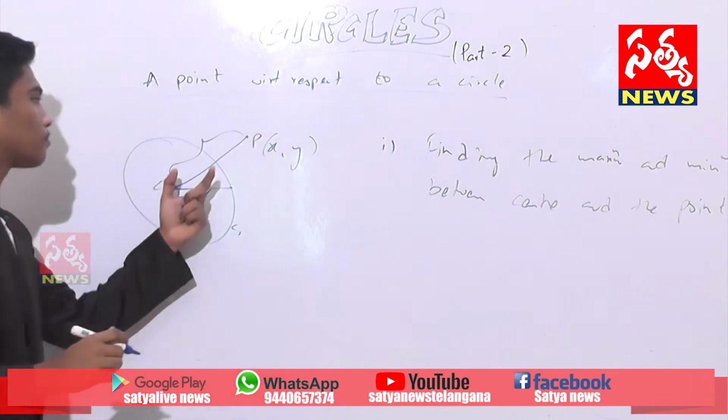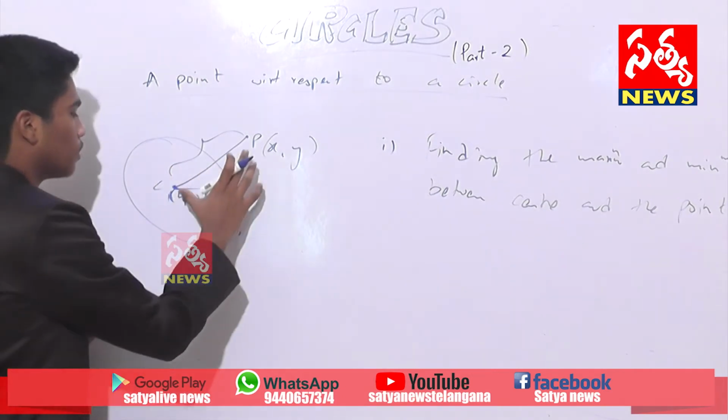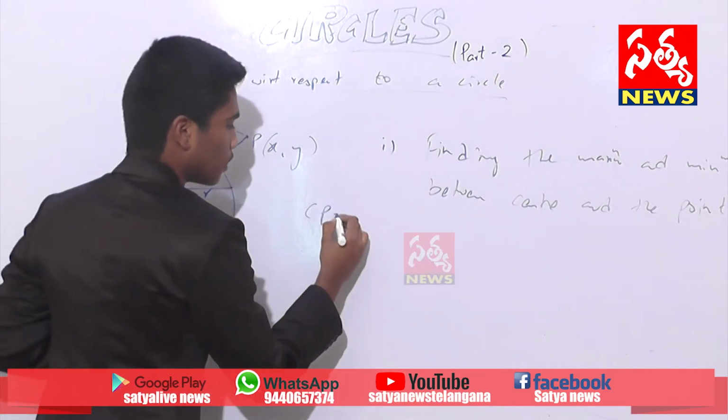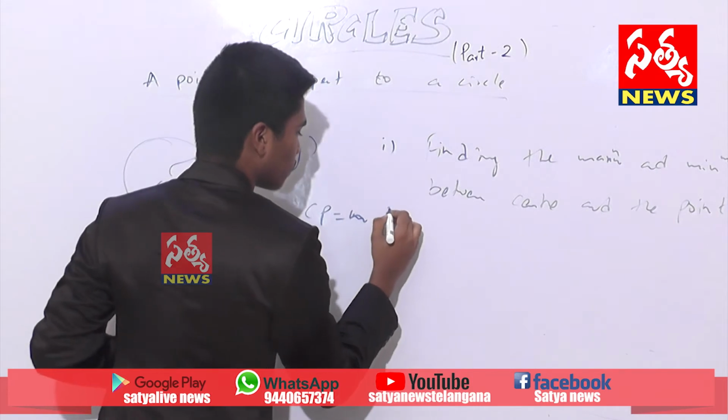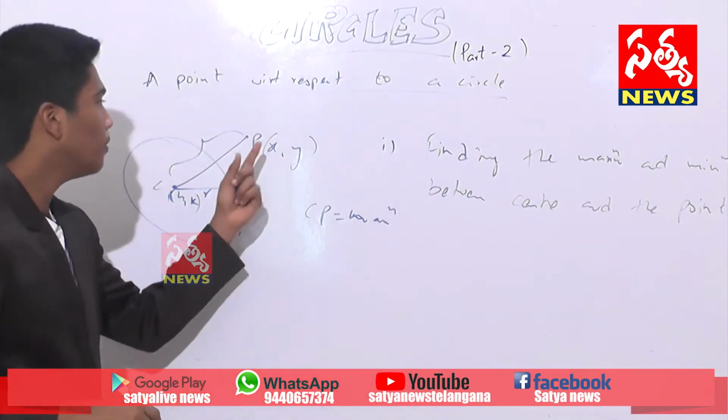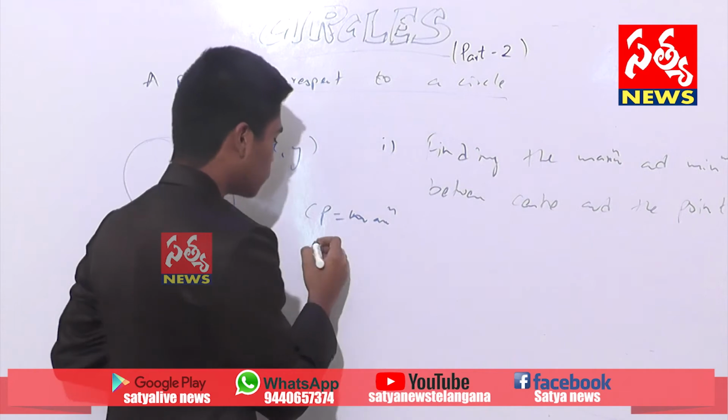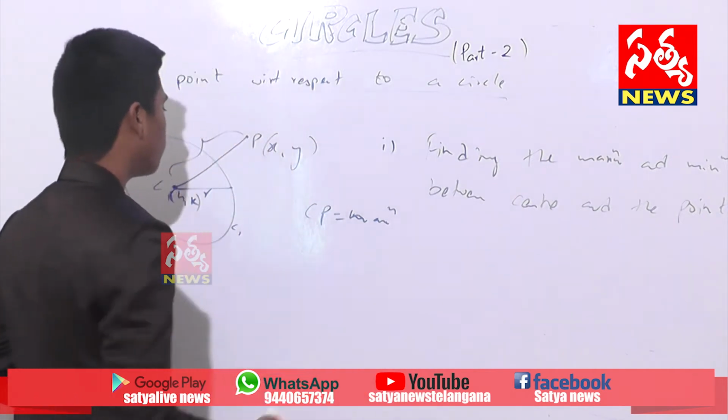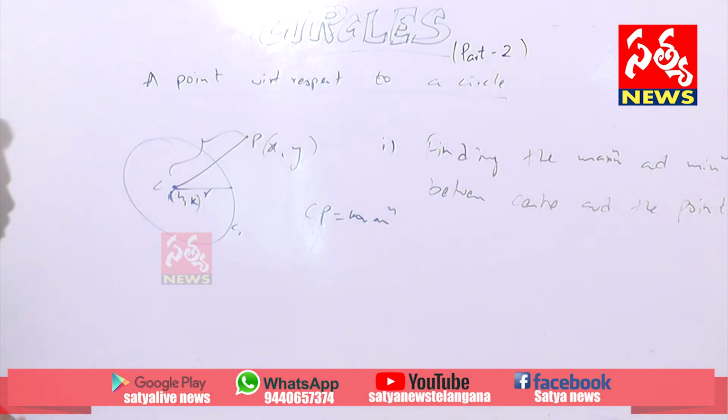Now we have to check whether CP is maximum when P is placed at which distance and CP is minimum when P is placed at which distance, right?